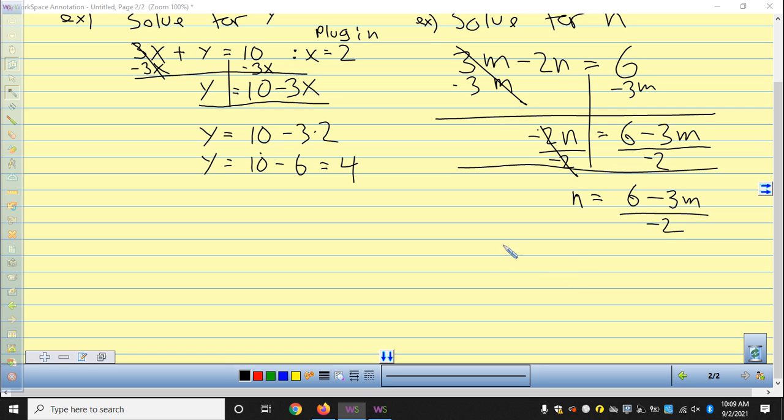Well, then the problem might say find n when m equals 6. So this is telling me plug in m equals 6 here. So I get n equals 6 minus 3 times 6 divided by negative 2.